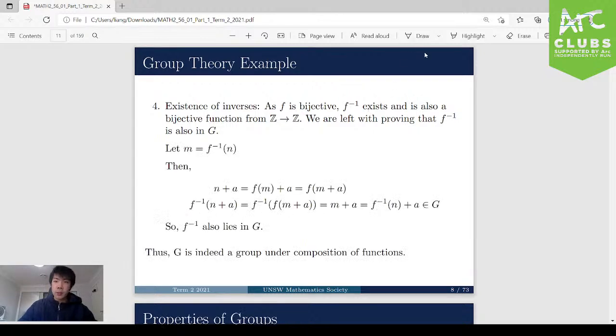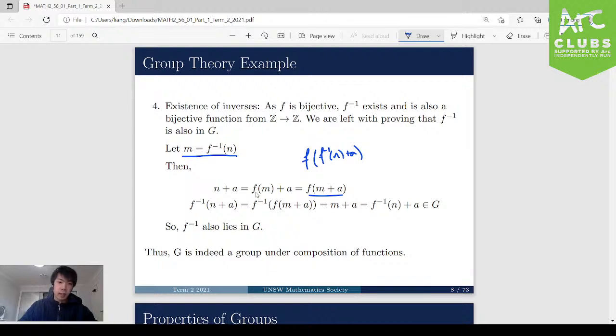So the way to go about this was I let some arbitrary m equal f inverse of n. Okay, I start off with this. The reason I do so is it just makes things less complicated, so we don't have stuff like f of f inverse of n plus a and so on, like in here. Right? I just denote m as f inverse of n first. And then we have that n plus a equals fm plus a.